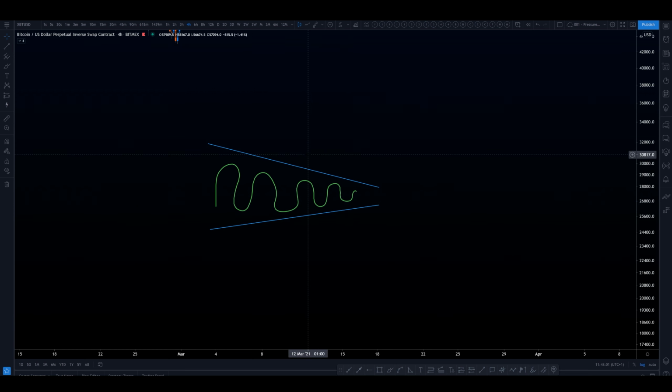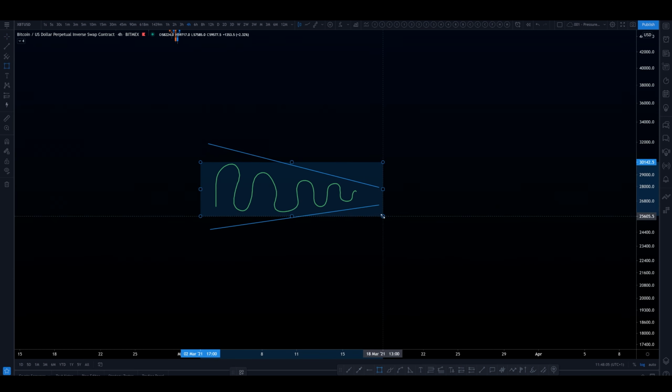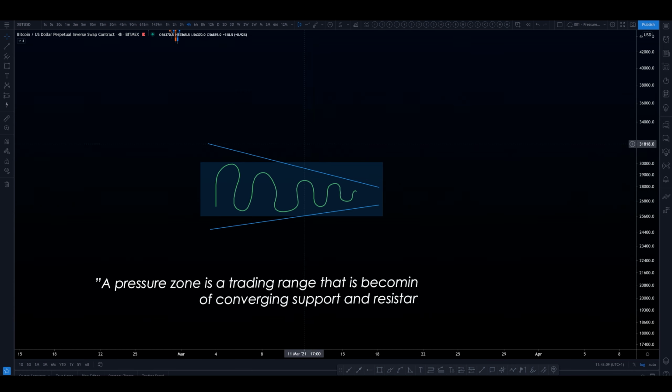So therefore, a pressure zone is, by definition, a trading range that is becoming narrower because of converging support and resistance entities. This is what a pressure zone is.